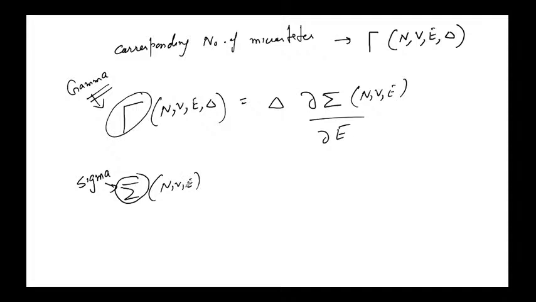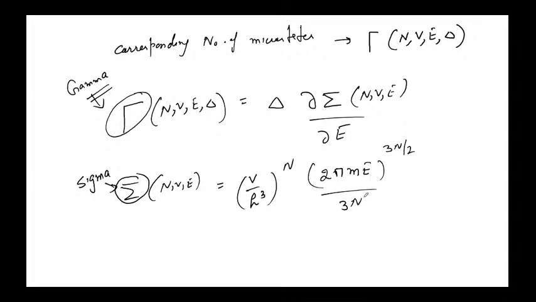So please note down. The sigma number of microstates, this we have already derived in our previous slide, whose value is V over h cube whole power N, 2 pi m E to the power 3N by 2, over 3N by 2 factorial.